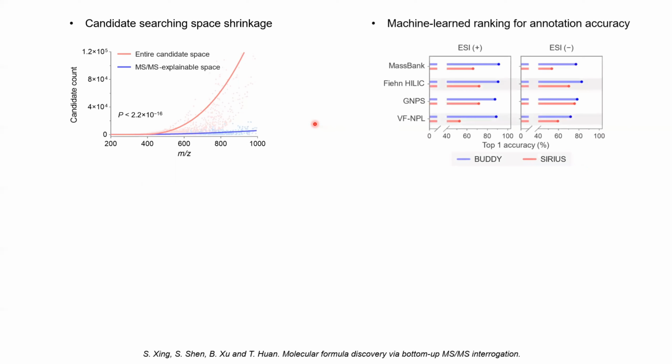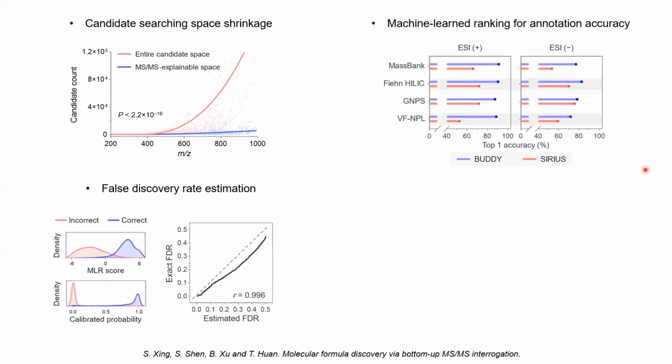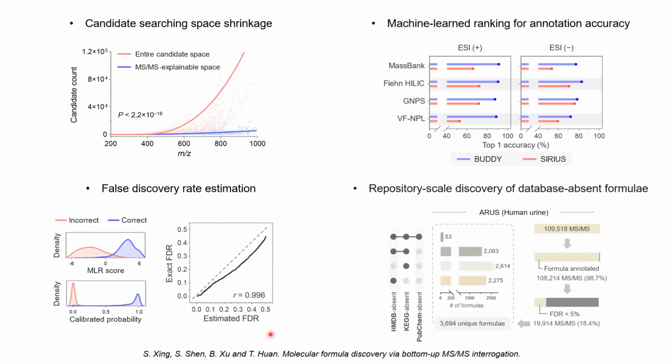We also designed a machine-learned ranking using over 30 MS1 and MS2 features to enable highly accurate formula determination. Moreover, we incorporated Platt scaling for false discovery rate estimation, and this provides significant control. Combining all these efforts, we were able to discover thousands of molecular formulae that are not archived in any database with high confidence.